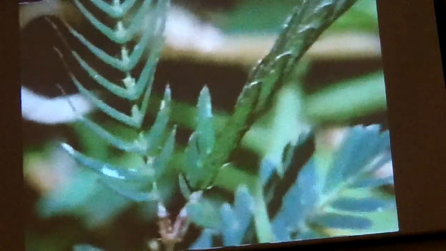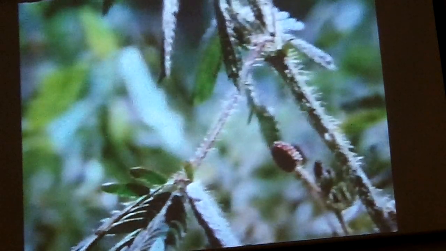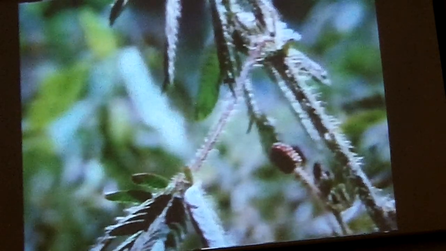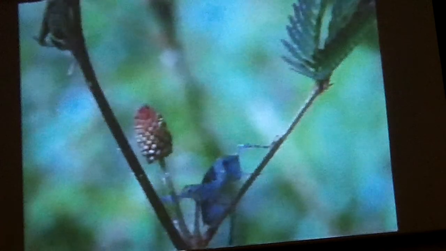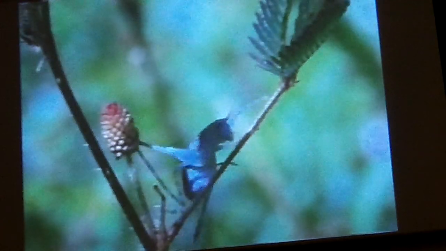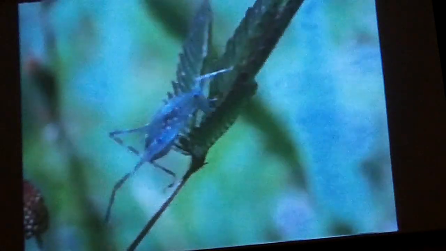One touch makes it fold its leaflets. Another tap, and it flops to the ground. How does that help? Well, watch how a hungry leaf-eating grasshopper gets on. Obviously, there's a splendid meal ahead. But before it even takes a bite, the meal vanishes.